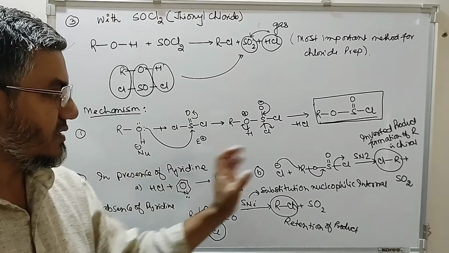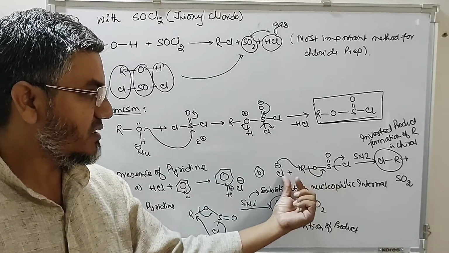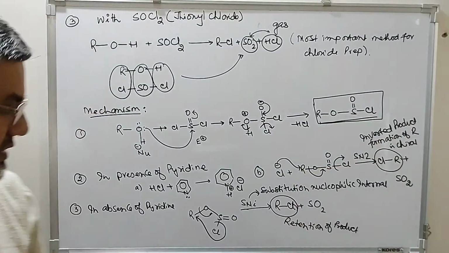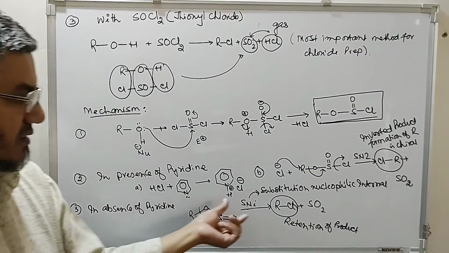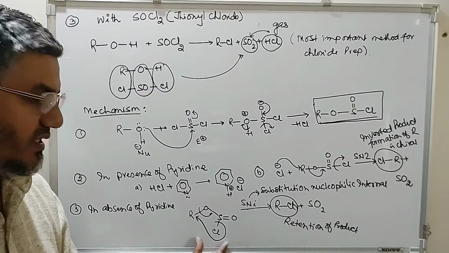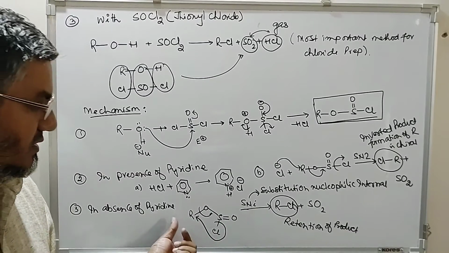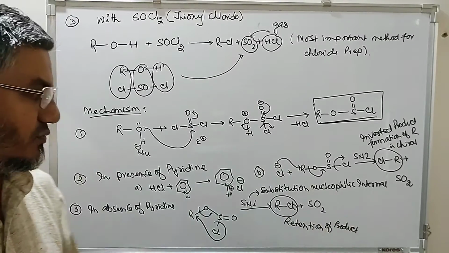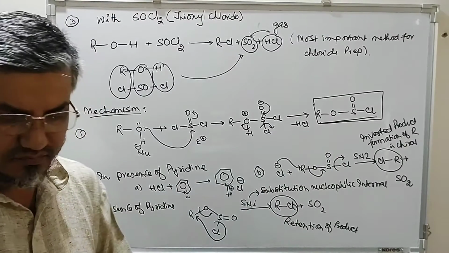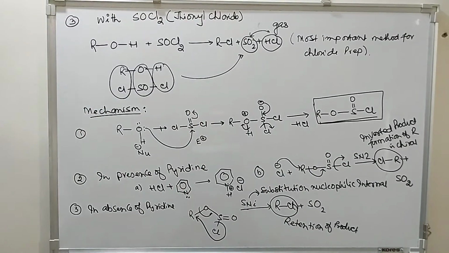In presence of pyridine, we have attack by Cl minus via SN2, with possibility of inverted product. In absence of pyridine, the reaction is SNi, an internal mechanism, because part of the leaving group, Cl minus, attacks the carbon from the same side of the leaving group, and there is retention of configuration. So this is the reaction with SOCl2.